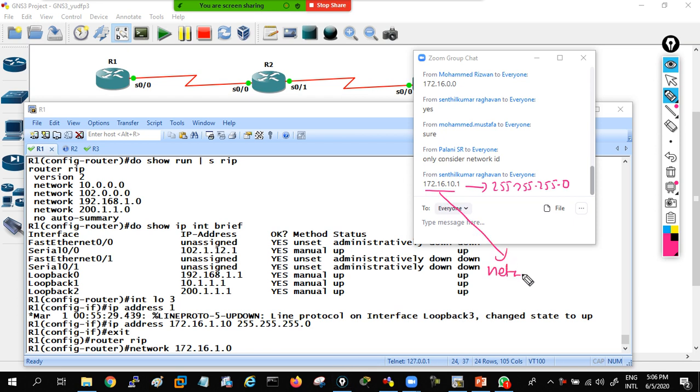You will say network 172.16.10.0. Understand? But your routing protocol RIP will take it as 172.16.0.0. That is the nature of your routing protocol. You understand? Mr. Senthil, are you clear? Yes, it's clear. Okay, very good.